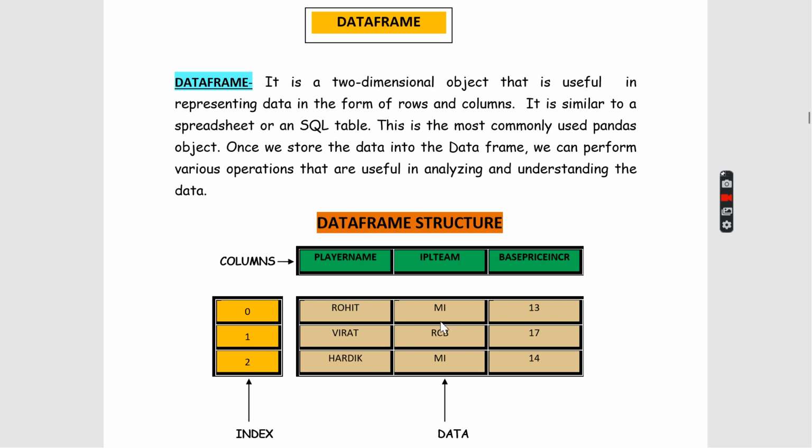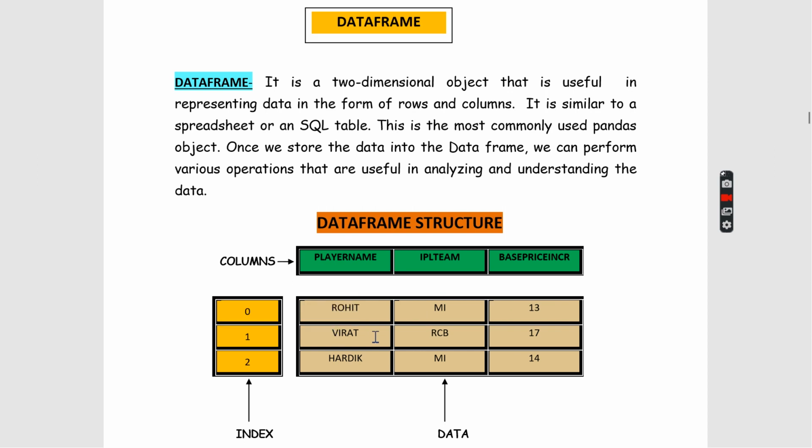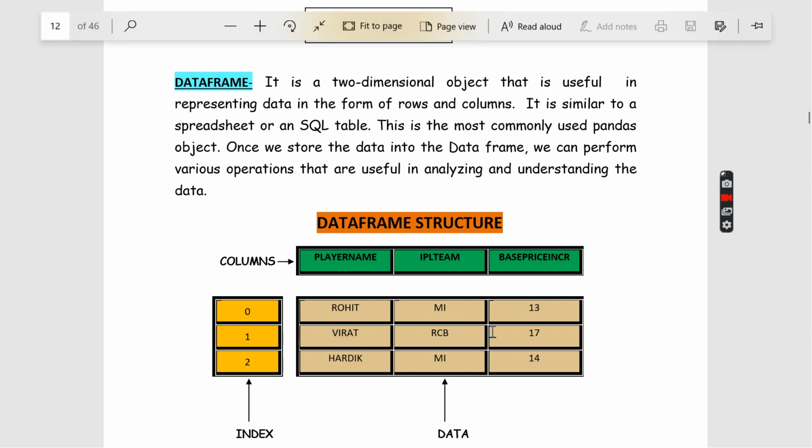So a row means it is a record of a particular student. For example, Rohit, he is from this team and his record will be there in the first row. Second, Virat, his record will be there. Similarly, you could see in a students database, the student structure will be there. So the student's roll number, for example, the student name is Rohit, his roll number will be there, his marks will be there, and then his contact number.